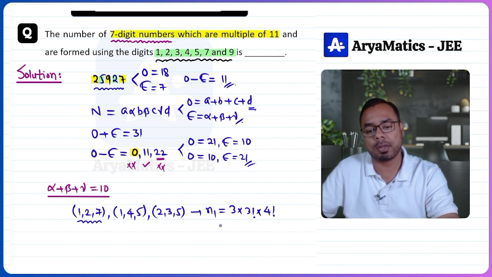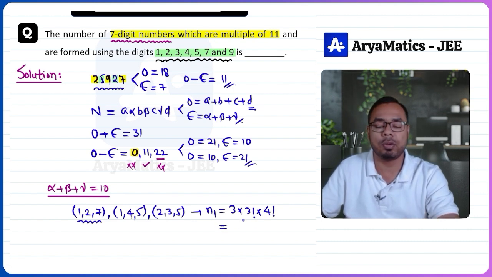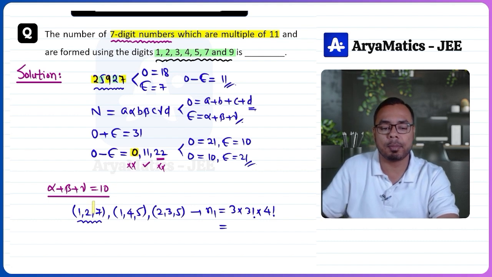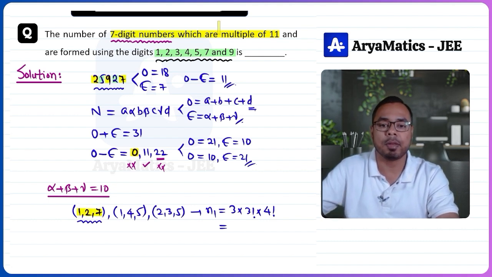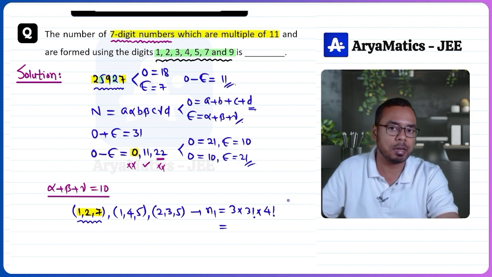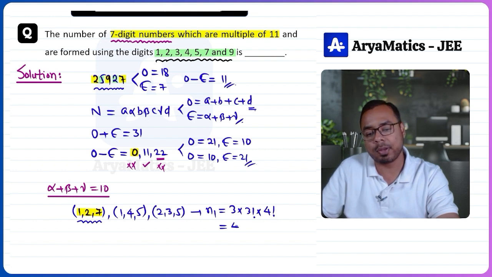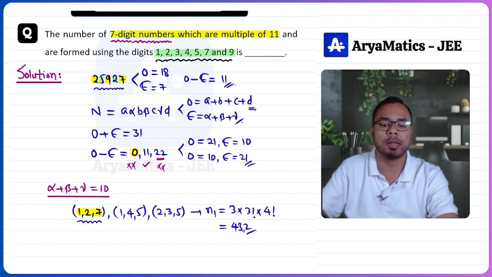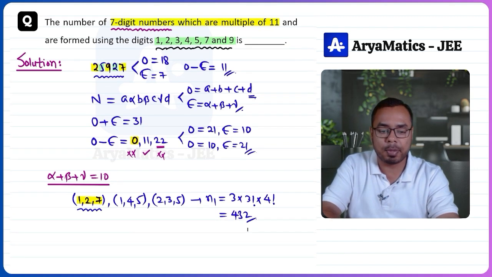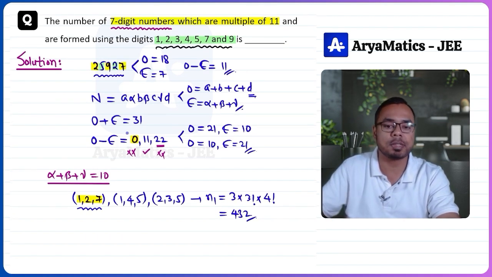So you will get 3 into 3 factorial into 4 factorial. After calculation, you will get 432 from here.